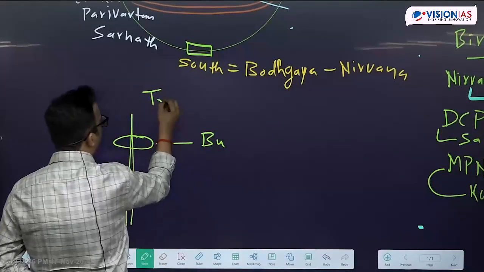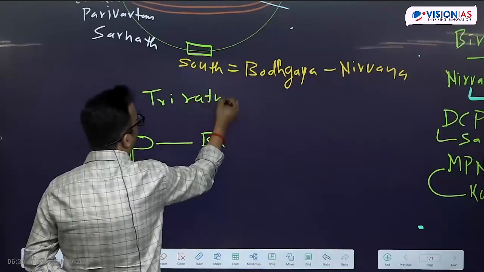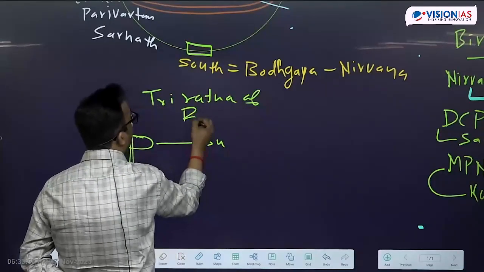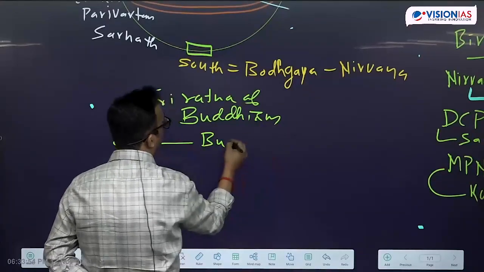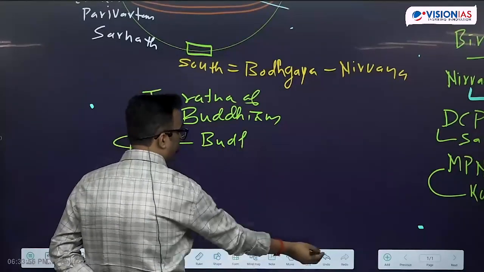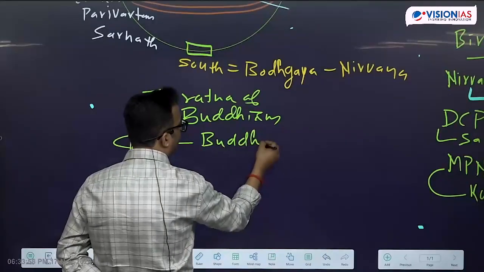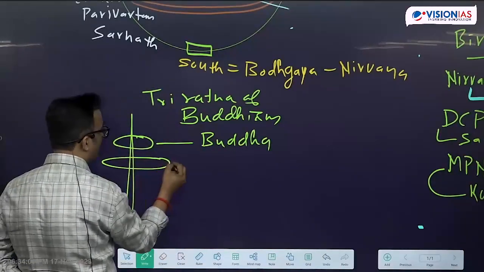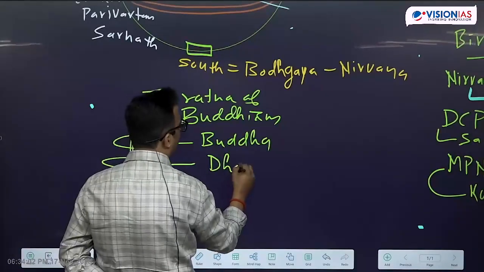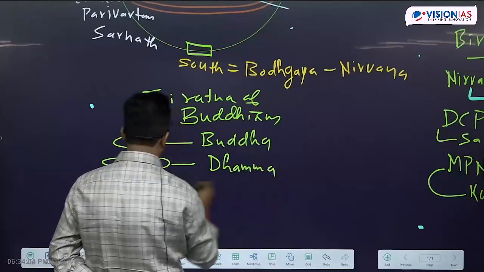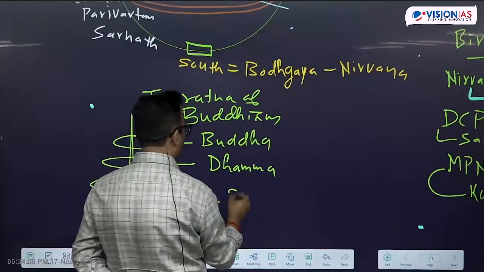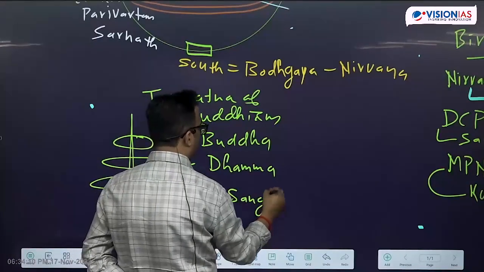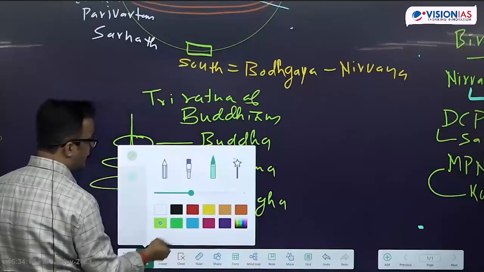So three ratna of Buddhism, and the first one is Buddha, second one is Dhamma, and third one, which will be the biggest, Sangha. Buddha, Dhamma, Sangha.